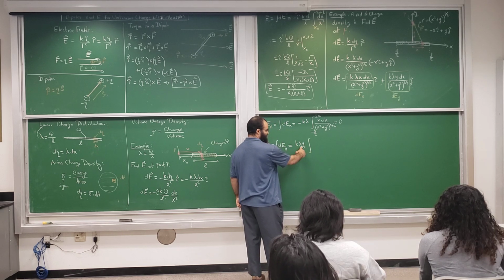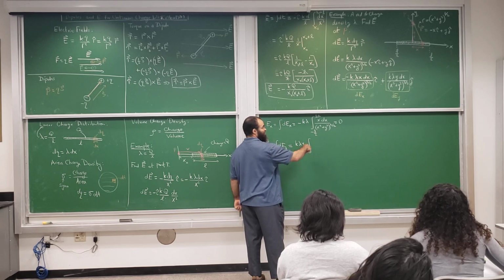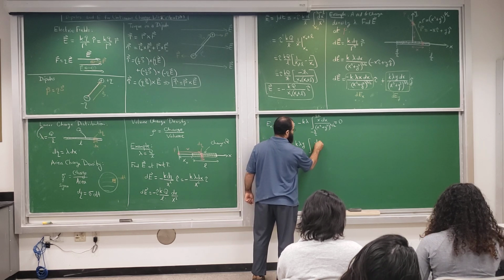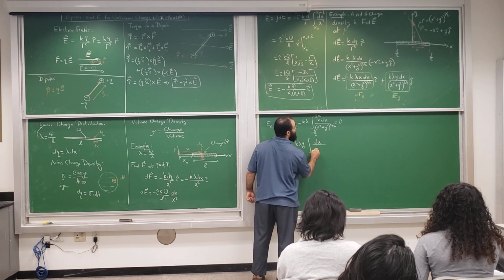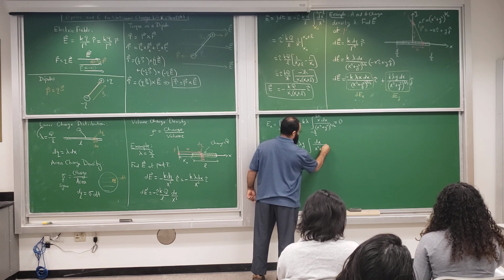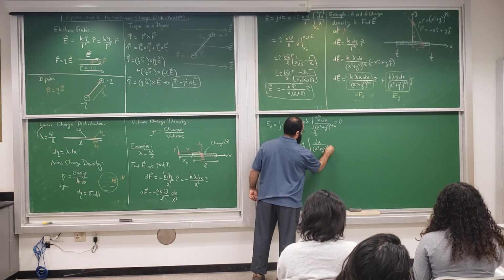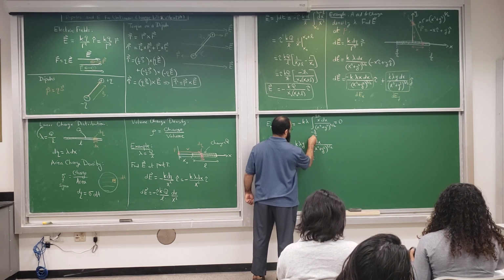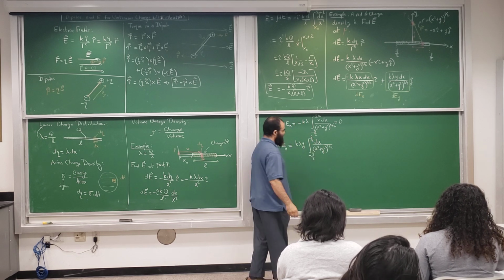Notice the k is constant, lambda is constant, and the y is constant. The only thing that changes is the x. So these come out. What's left inside is dx over x squared plus y squared to the 3 halves, from minus L over 2 to L over 2.